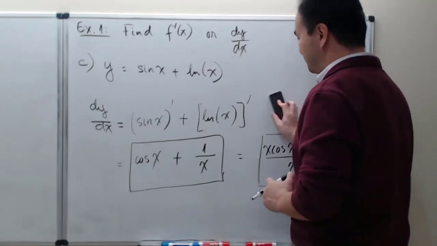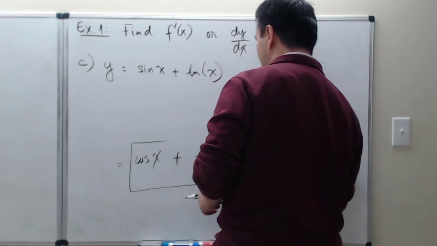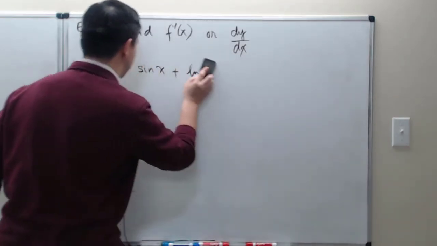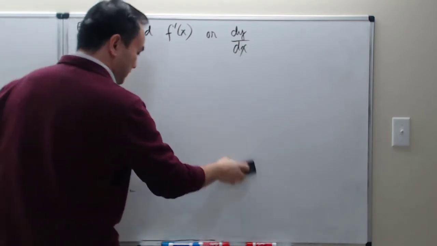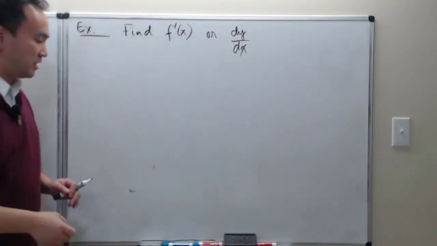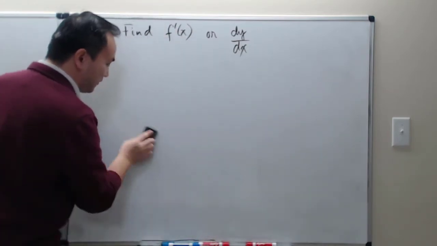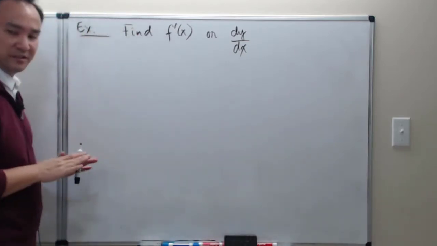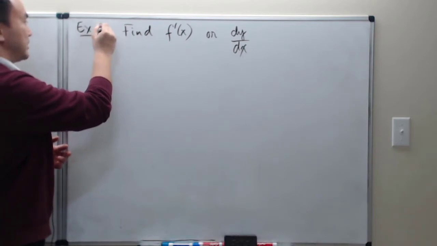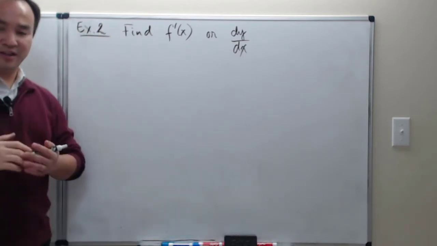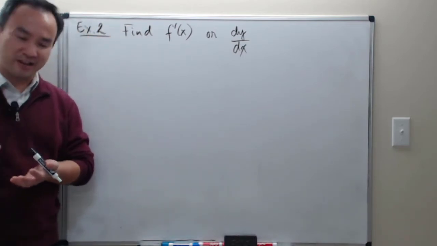So now I'm going to bring everyone into the next class of problems, which I call example 2. It's still the same kind of problem. We are about to find derivatives, but I decided to put these problems into brand new examples so that you can recognize another generality here.